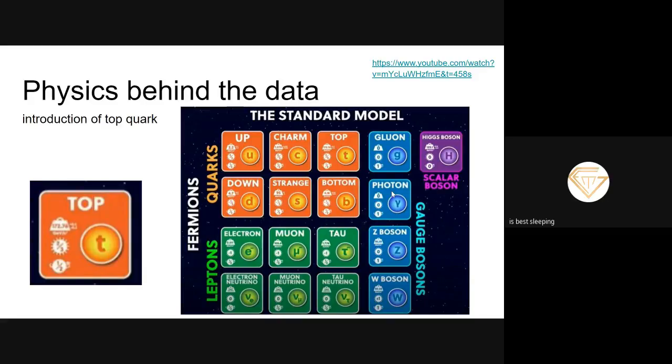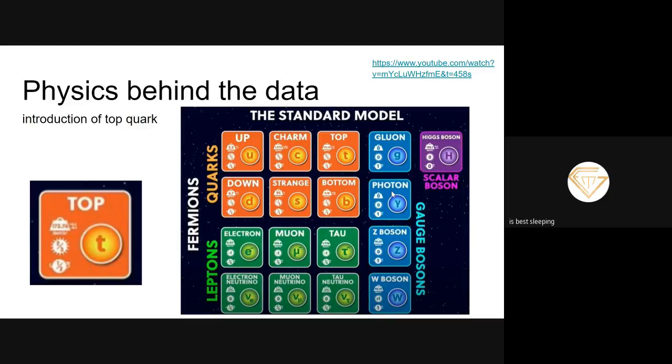Next, we will talk about the physics behind the data. First we introduce the top quark, with some basic knowledge. The top quark is the most massive fundamental particle, the charge is 2/3, and the mass is 172 GeV divided by the speed of light squared.